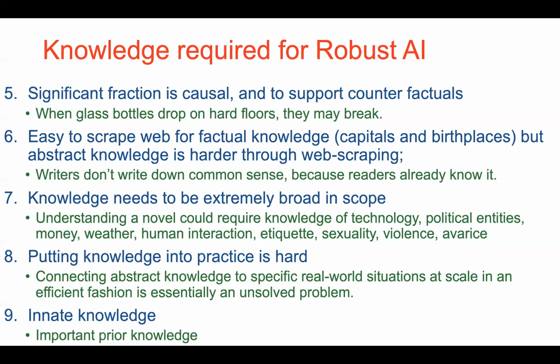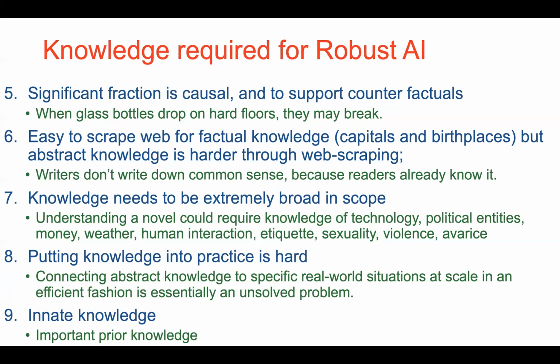It's one of those novels I happen to have read many years ago, 20 years ago. In that novel, you get things like technology. The copying machine is the technology that they're trying to use there. Political entities, human interaction, etiquette, money, weather, all kinds of things play a role. To understand a novel, you would have to have a knowledge of all of these things.